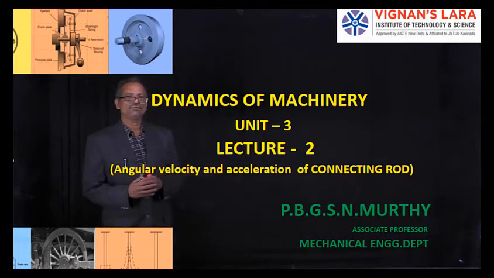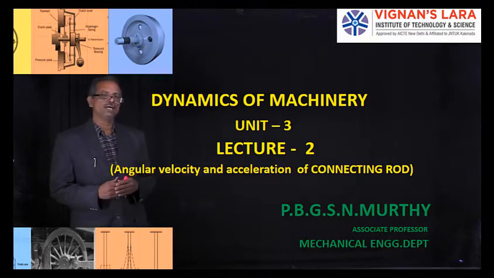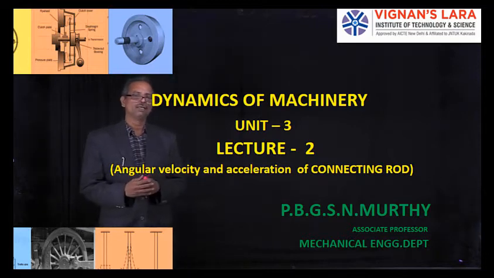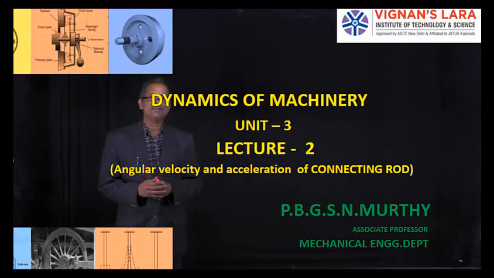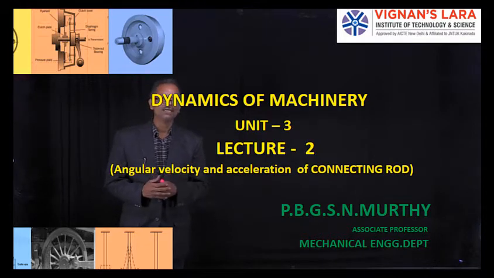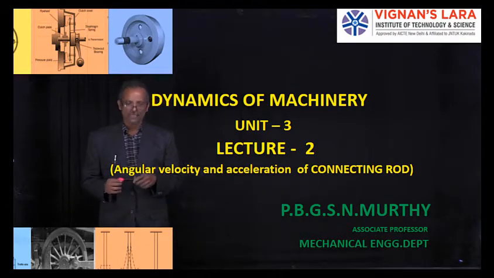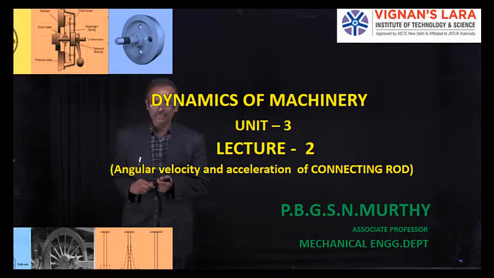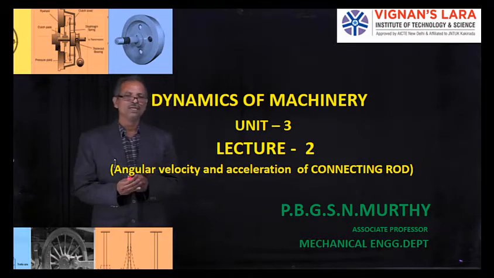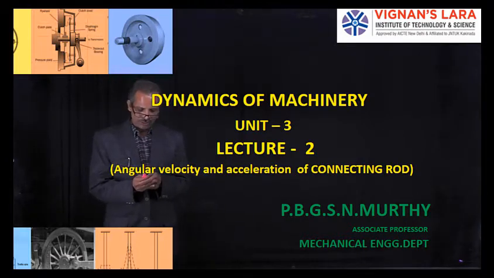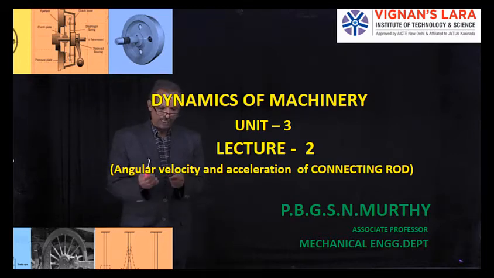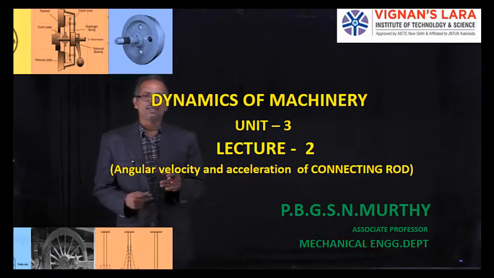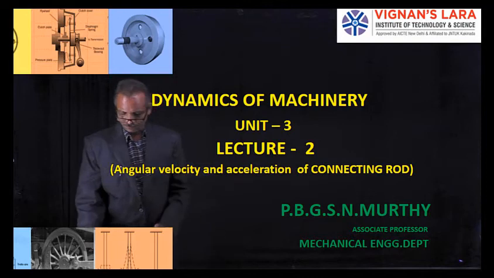After that, we will see problems based upon the analysis part that we discussed in the first lecture as well as in the second lecture. So let us take once again the same basic mechanism, the single slider crank chain, which you have seen in the last class, for the analysis part.